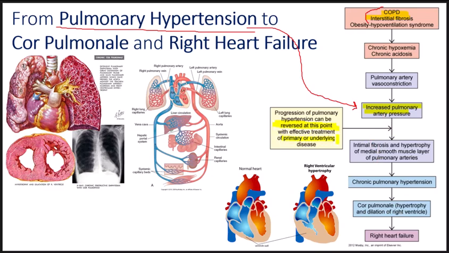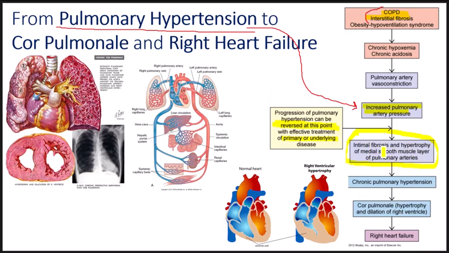But if we don't correct the primary or underlying disease, then we're going to start to see changes occurring now within the pulmonary arteries that could be irreversible. Scar tissue, hypertrophy, changes within the pulmonary arteries just so that they can withstand the pulmonary hypertension. But here's the problem.